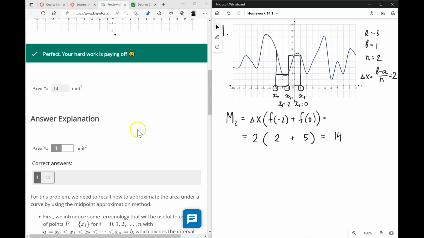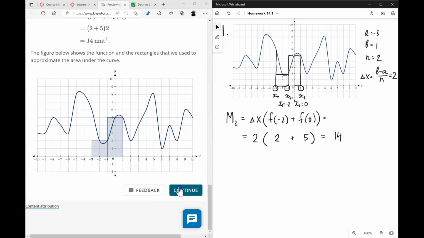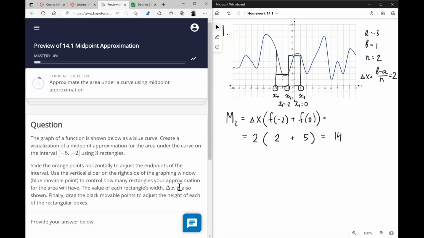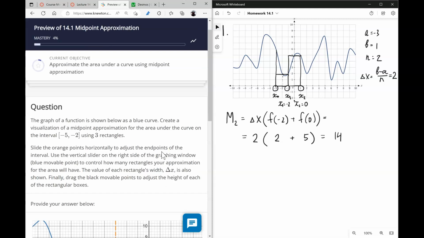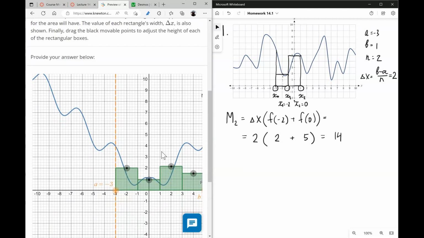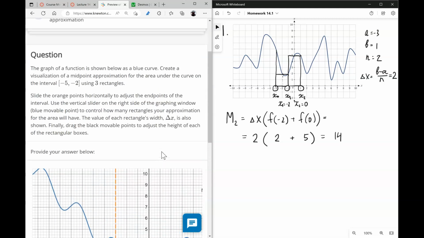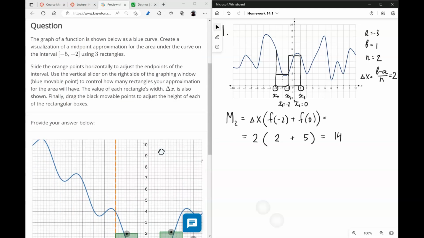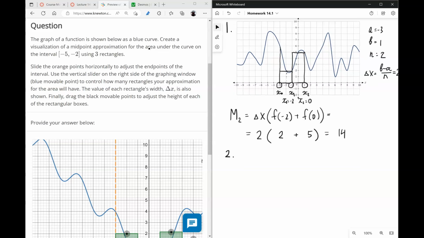All right, so let's move on to the next question. In this question, we're given an interactive problem, so there isn't much for us to write over here. Let's just carefully read the problem. It says use the midpoint approximation.